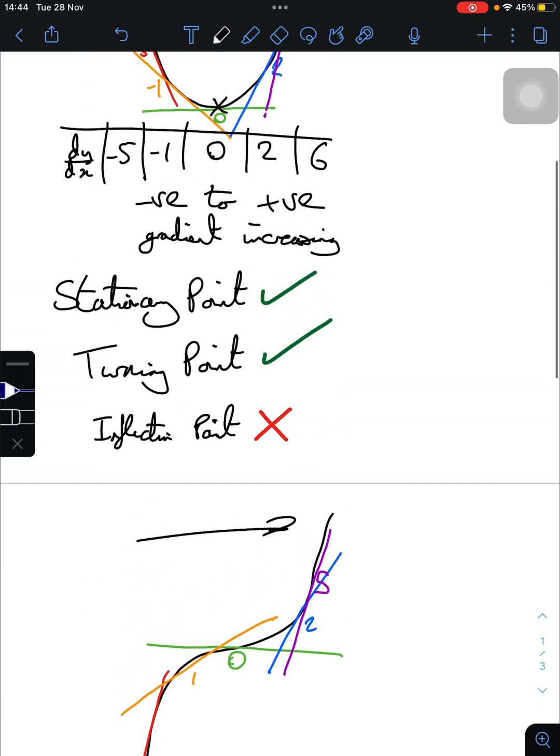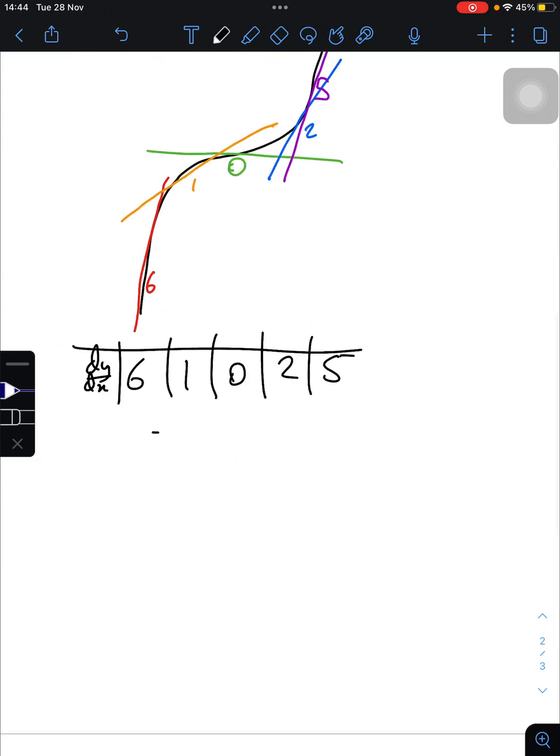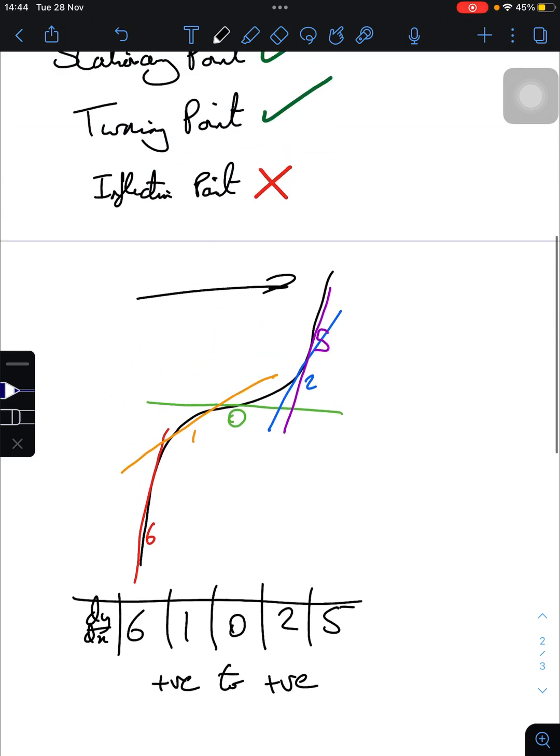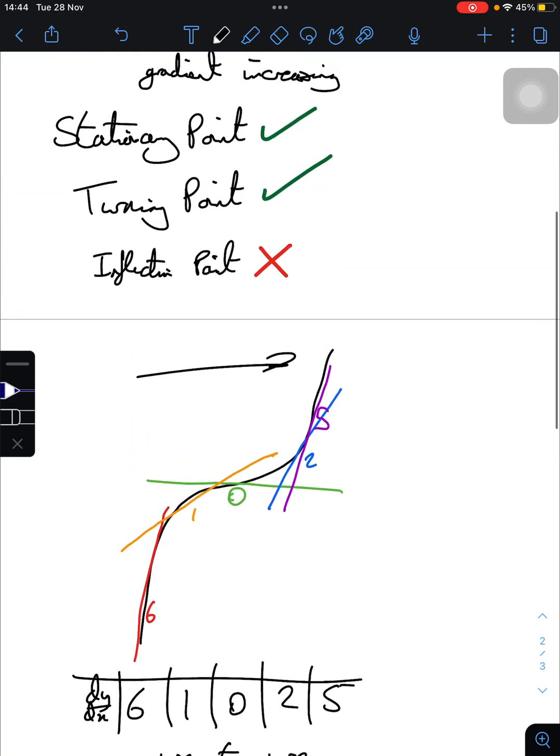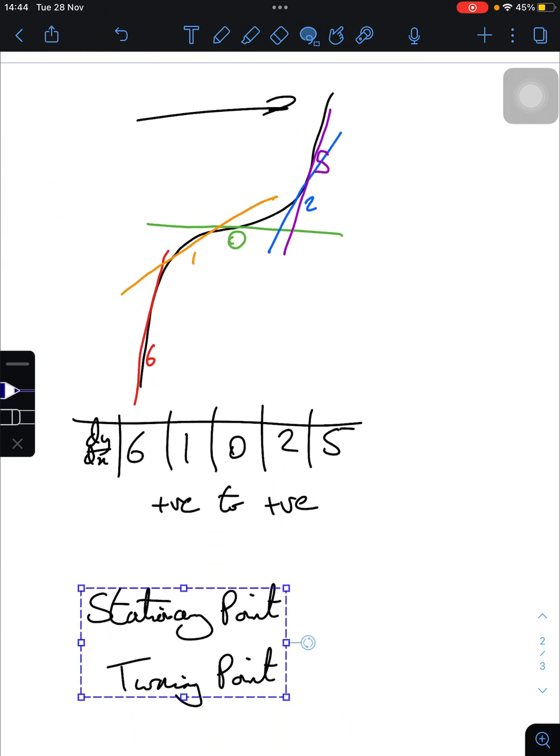They're all positive. And so this is going from positive to positive. It's not changing from negative to positive. And therefore, although it's a stationary point because we've got the point 0, it is not a turning point.